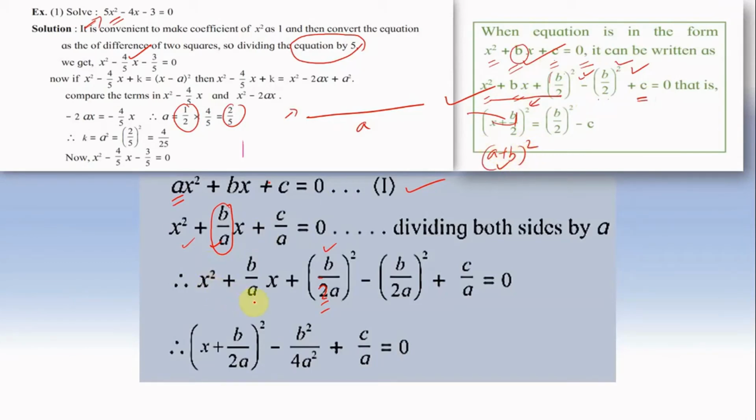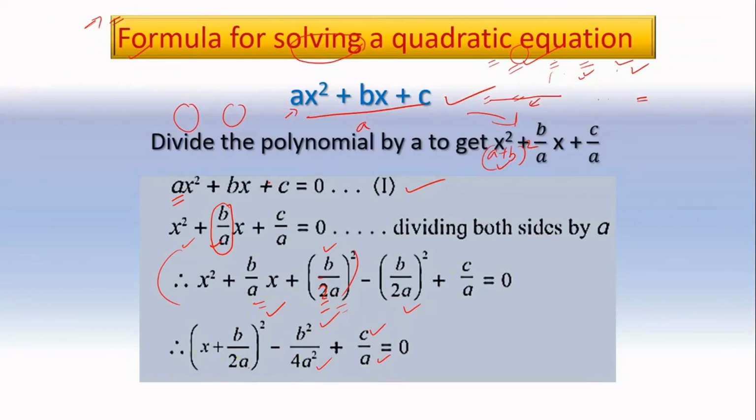The same thing is done over here. We have converted that part of the equation into x plus b upon 2a whole square, and then what is remaining is minus b upon 2a whole square, which can be written as b square upon 4a square, plus c upon a. So till now, what you have seen on the screen is recollecting what you learned in the previous part of the lesson.